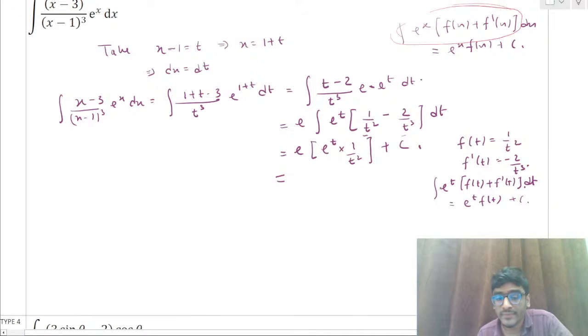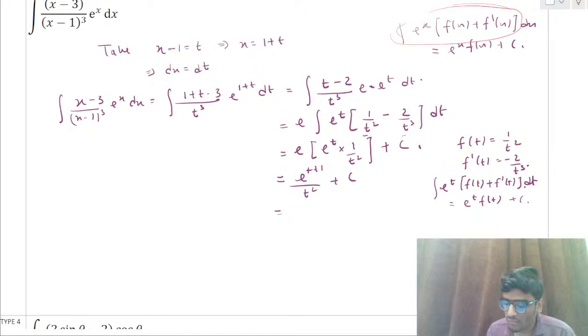So this integration becomes e times e raised to power t times 1 upon t square, plus c. Now we replace every term in terms of x.